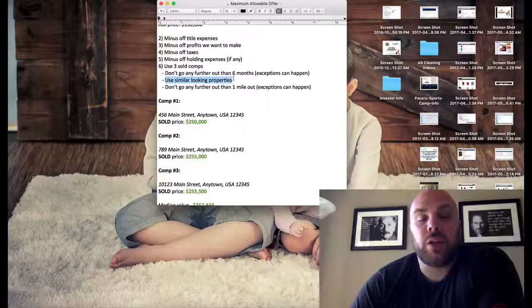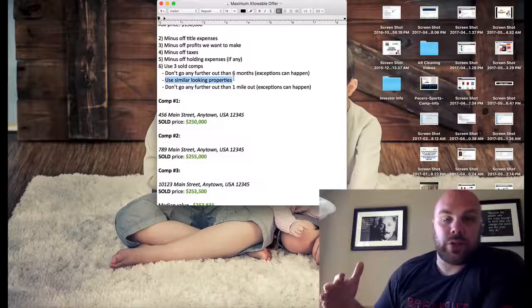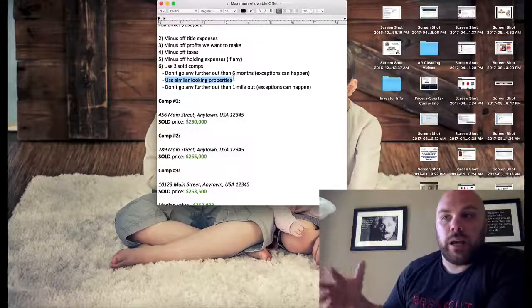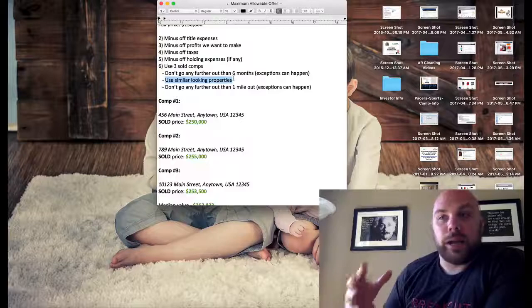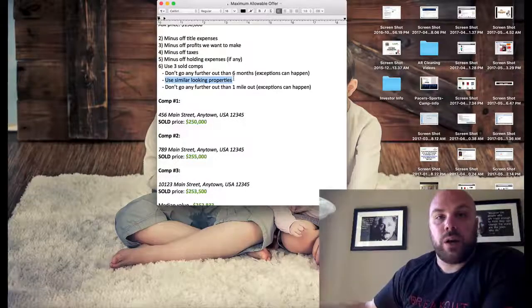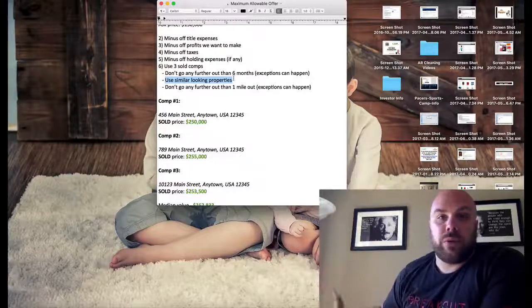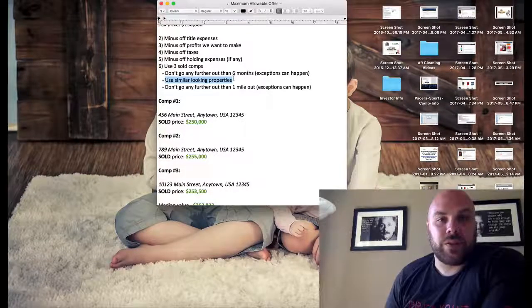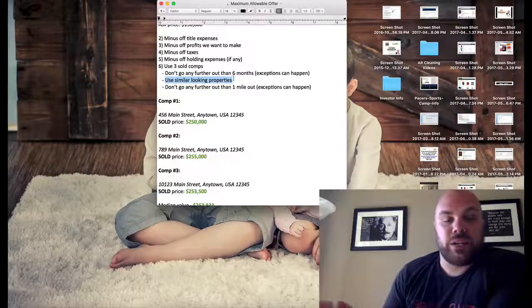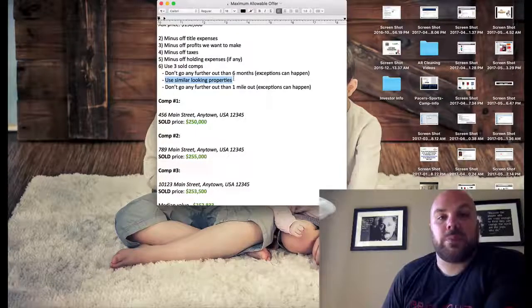Use similar looking properties. So if I have a ranch, I'm not going to go and look at a triplex and compare the two. I'm not going to take a 2-story home and compare it to a 2-story with a basement, because the other house doesn't have a basement. I might be able to hold that comp into play, but minus off what it would cost for that basement.